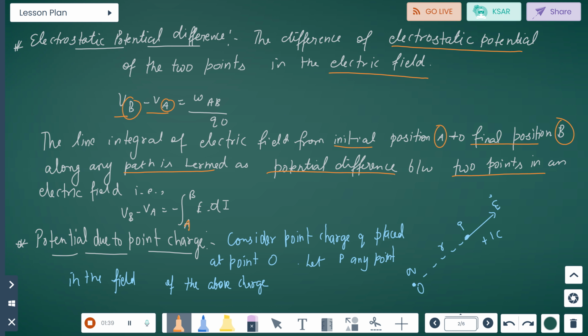Now potential due to a point charge. Here consider point charge Q placed at point O, and let P be any point in the field of the above charge. R is the distance, and we consider 1 coulomb charge in the electric field.